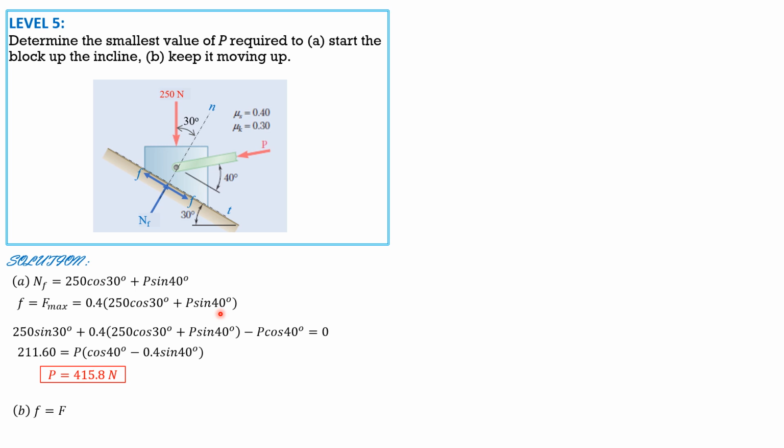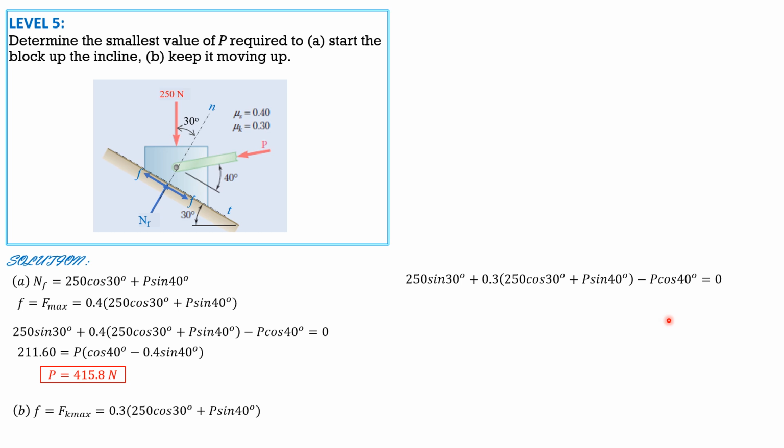Then in part B, same F, same direction, but its value this time is 0.3 of the normal force. So part B, F is Fk max equals 0.3 of 250 cosine 30 plus P sine of 40 degrees. Then summation of forces along the tangential axis equals 0. This is the direction of F, and this is the value of F. So 250 sine of 30 plus 0.3 of quantity 250 cosine 30 plus P sine of 40 degrees minus P cosine of 40 degrees equals 0.